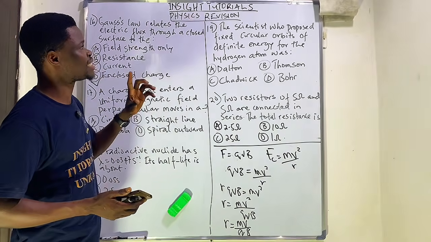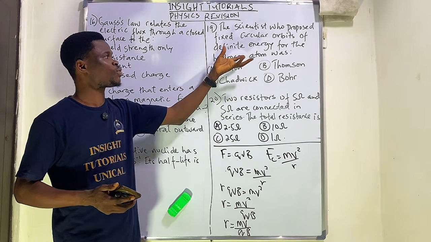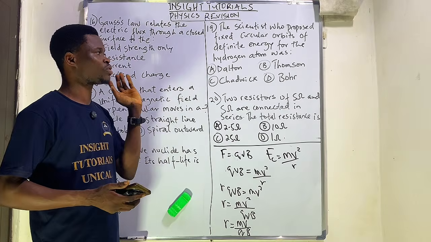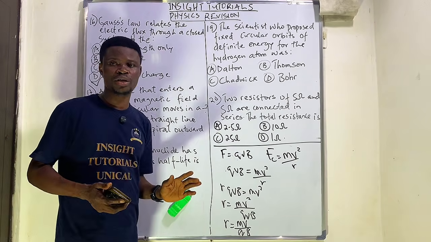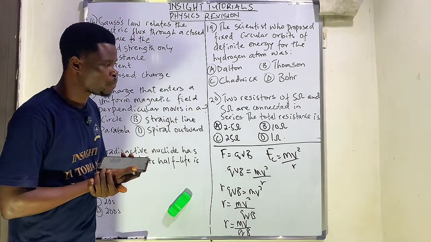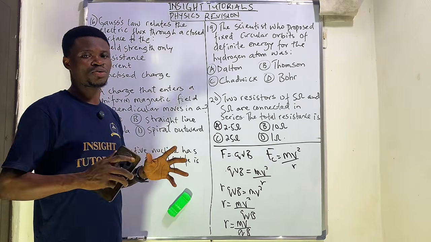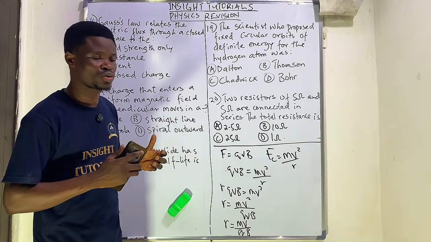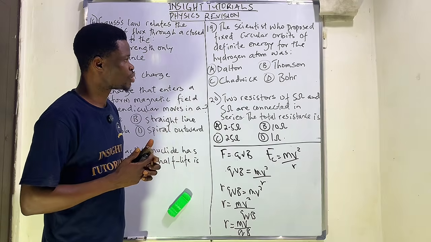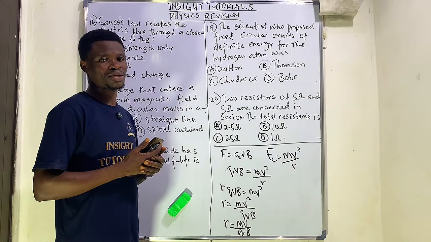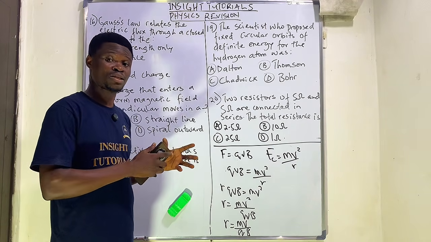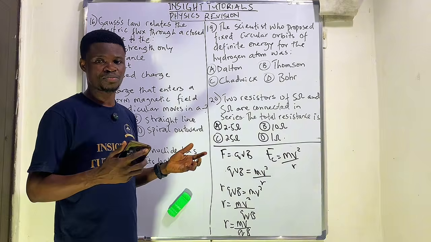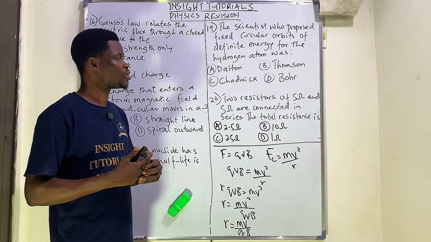Next question says the scientist who proposed fixed circular orbits of definite energy for the hydrogen atom was, A says Dalton, B says Thomson, C says Chadwick, and D says Bohr. Now, it's very important for us to understand these scientists listed there and their contributions to scientific evolution. Dalton is regarded as one of the earliest proponents of atomic theory, in terms of the formation of atoms.